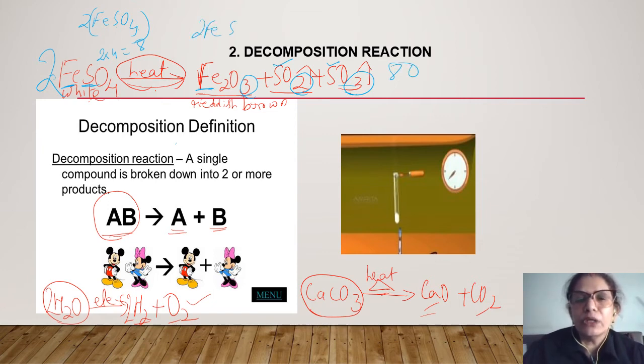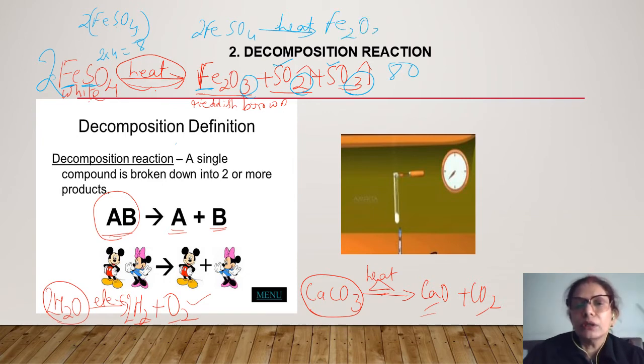2 FeSO4 giving, very important, what is it? Heat. Okay, it gives Fe2O3 plus SO2 plus SO3. So this is a decomposition reaction, decomposition of ferrous sulfate to give ferric oxide plus sulfur dioxide plus sulfur trioxide. A number of questions are given based on this.